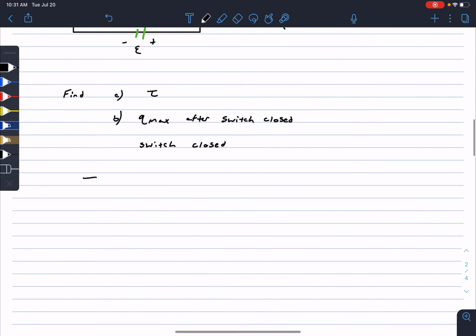So the time constant, RC, is going to be equal to 1 megaohm, 1 times 10 to the 6, times 5 times 10 to the negative 6 farads, and that's going to equal 5 seconds.